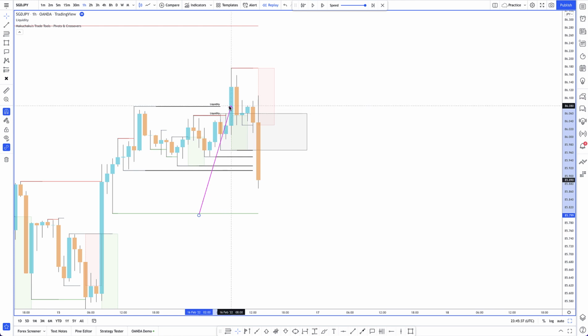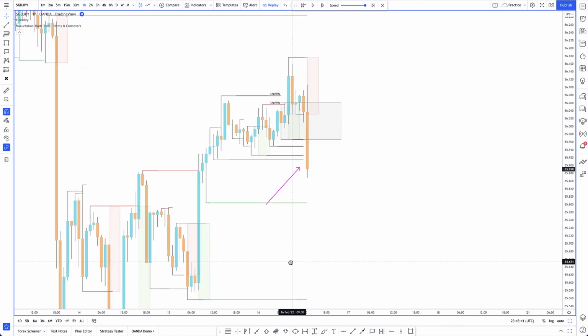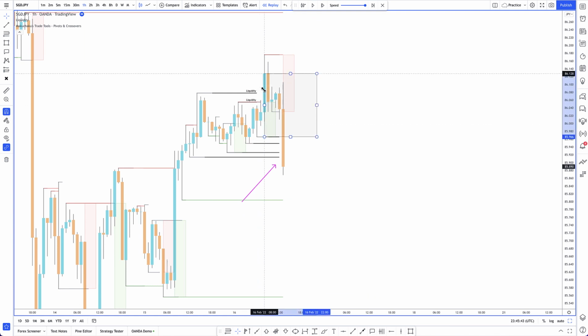It has swept liquidity, it has broken down market structure as well. And the way we draw the breaker is from the highest green box that appeared on your pivot crossover to the closing price of the highest candle that you see in the price.